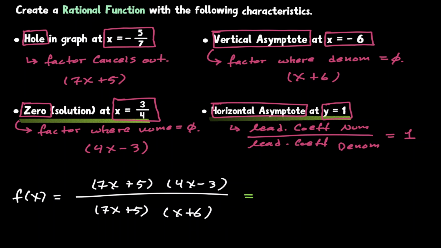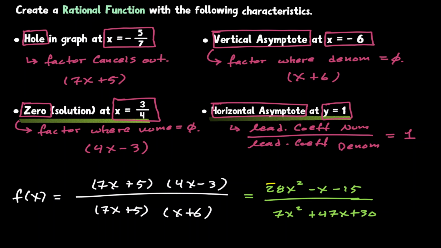Let's look at what leading coefficients we have with the characteristics that we have so far. If we expand the numerator, we're going to obtain 28x squared minus x minus 15. And if we expand the denominator, we're going to get 7x squared plus 47x plus 30.